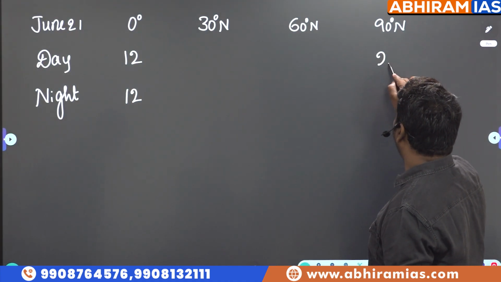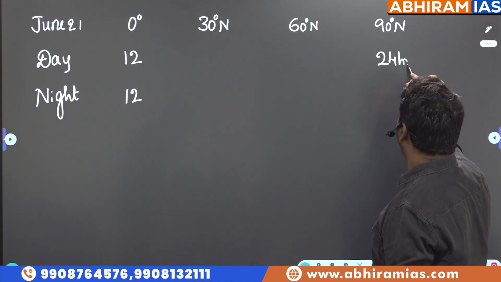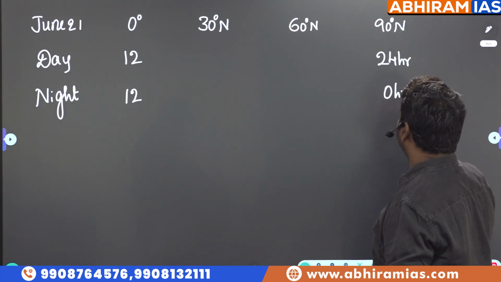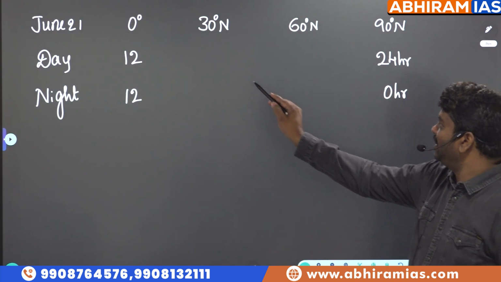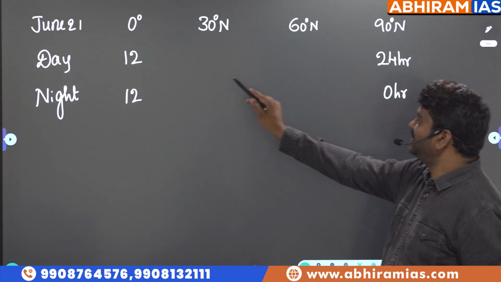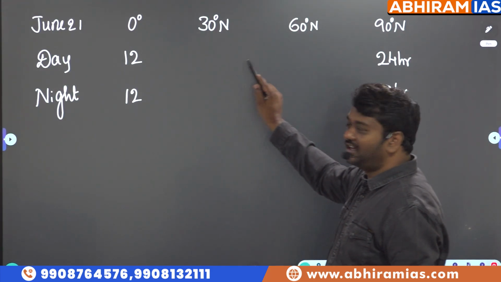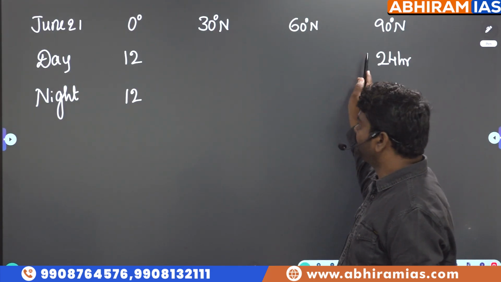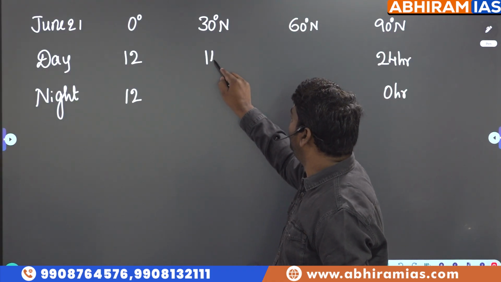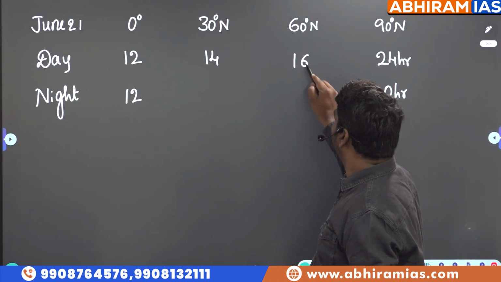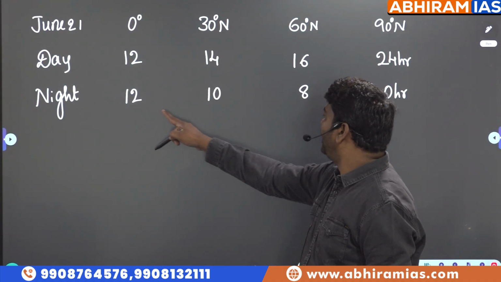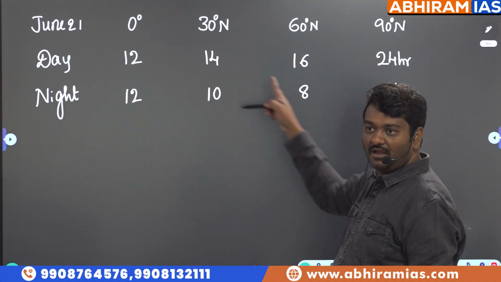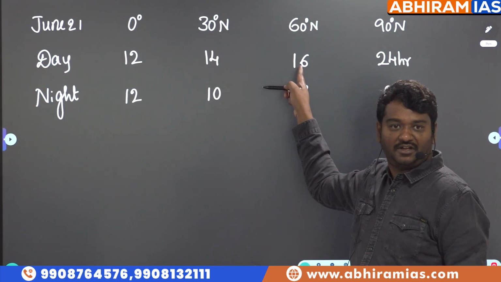Poles, North Pole, what did we see? 24 hour, 0 hour. Now you check from equator to pole. Can you see? Day length is increasing. 12 becomes 14, 16 hours, and night becomes 10 hours, 8 hours. Night length keeps decreasing, day length keeps increasing.